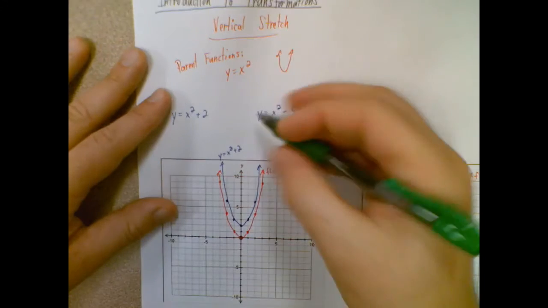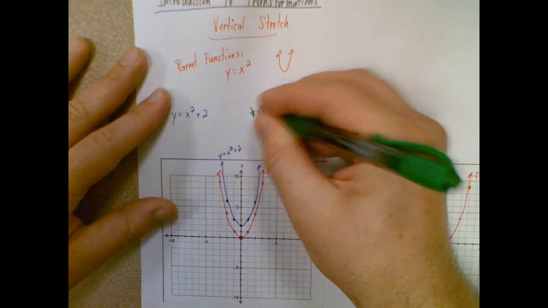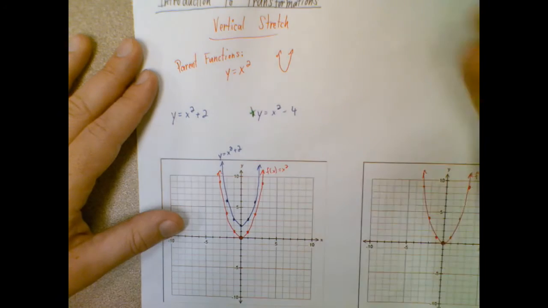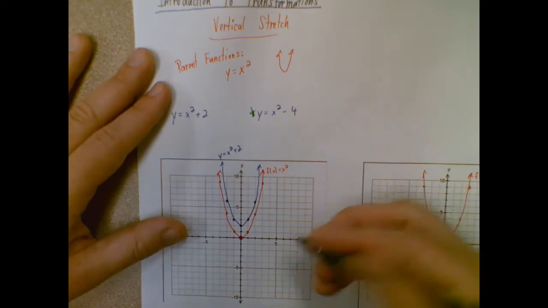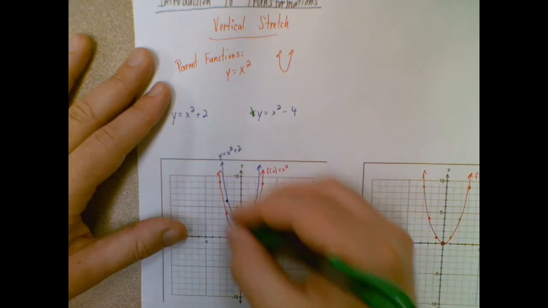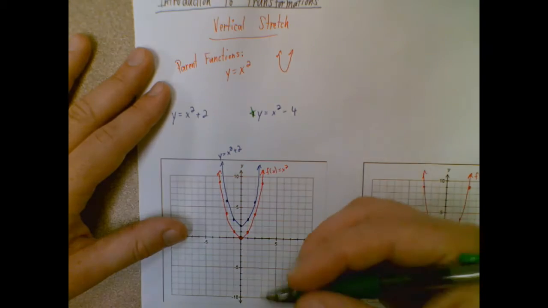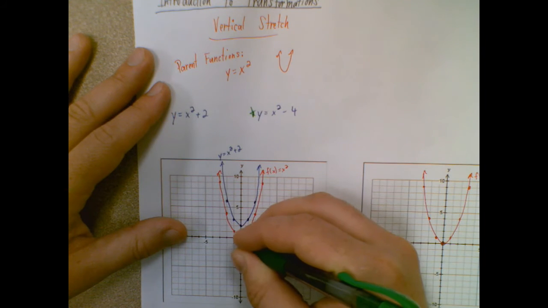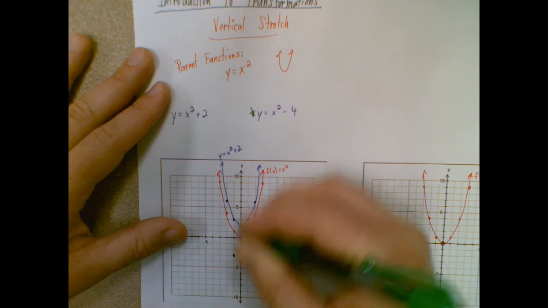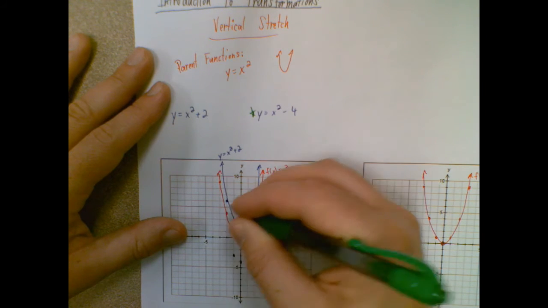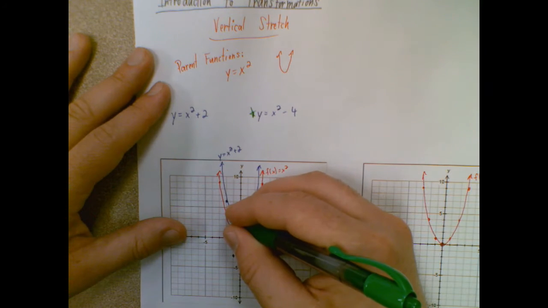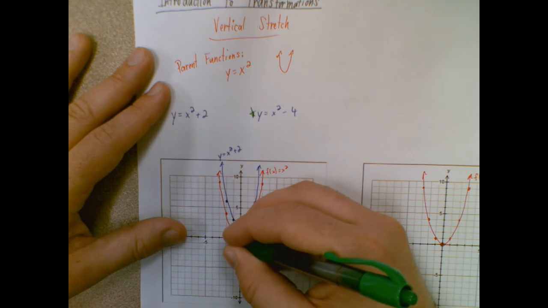Or this one, which I'm going to do in green. Probably should have written it in green, but there we are. This one is negative, so I'm going to be going down instead of up. I'm going to take each of my original red points and go down 4: 1, 2, 3, 4. It doesn't matter which points you start with, just each one of the major points.